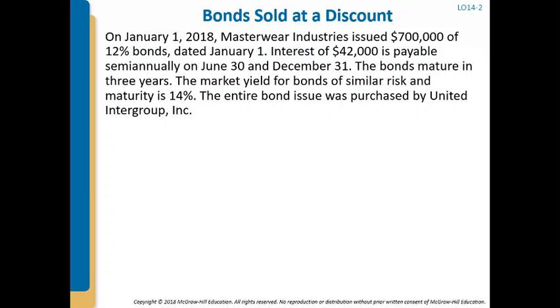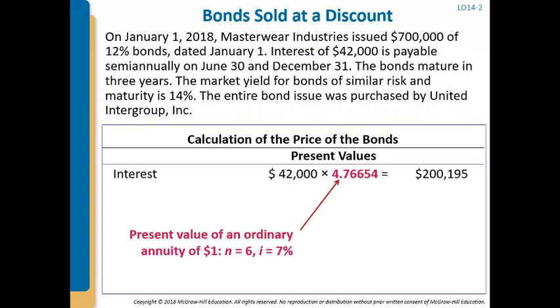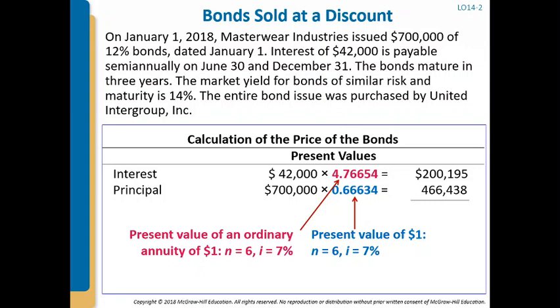And so to make this desirable, Masterware's got to issue these at a discount based upon market yields of 14%. To do that, you simply go to the present value tables or Excel, take your pick.